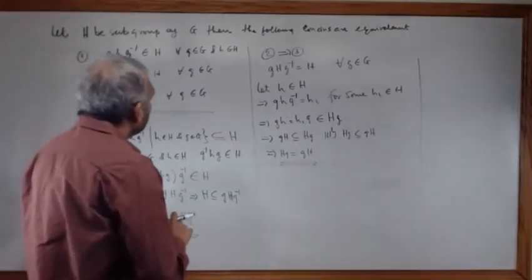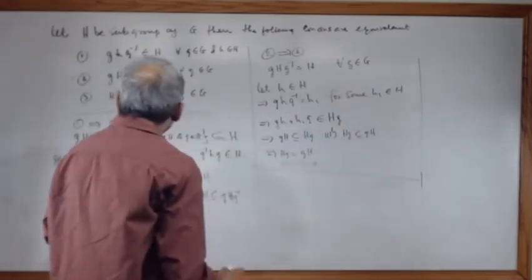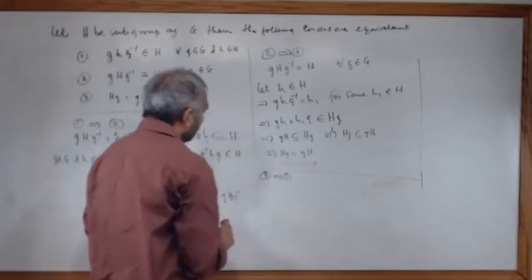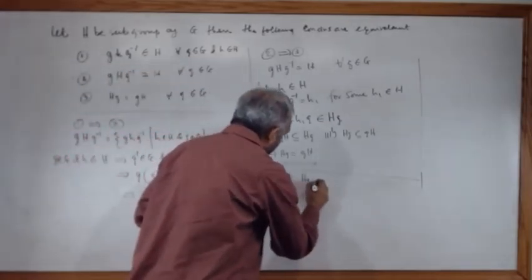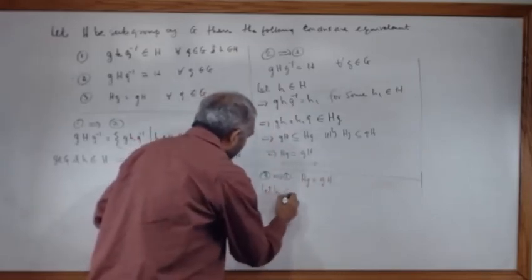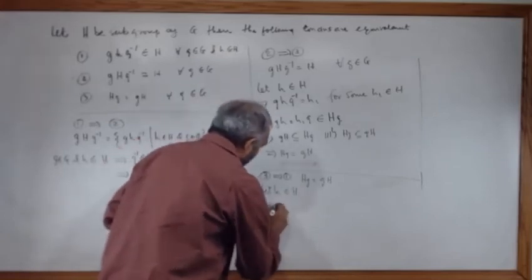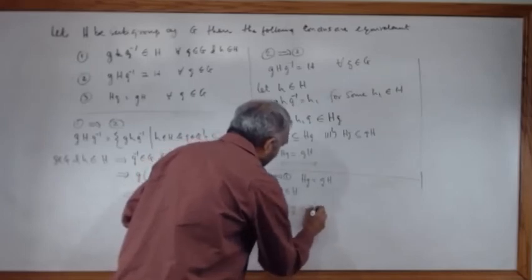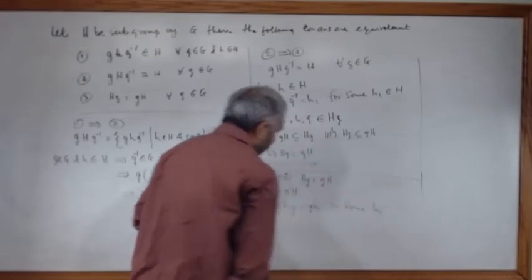Now let us prove 3 implies 1. So what does that mean? Hg is equal to gH. So let h belongs to H. That implies hg is equal to gh1 for some h1.